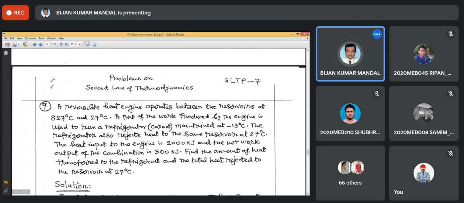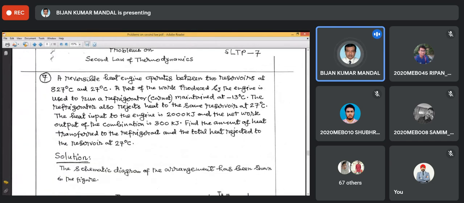Try to give the answer. Then find the amount of heat transfer to the refrigerant and the total heat rejected to the reservoir at 27 degrees centigrade. So that means we have to find the amount of heat transfer to the refrigerant. So what actually are we trying to get?